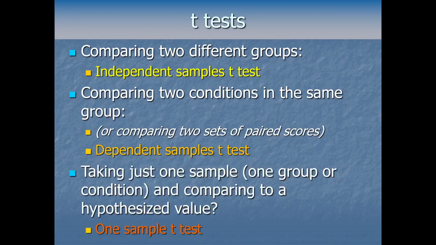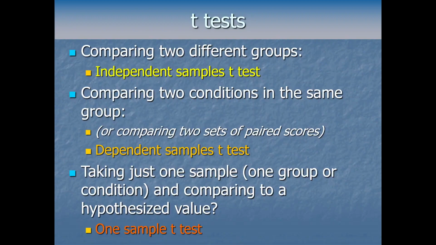Finally, there is one other t-test you could sometimes use, which is when you're taking just one sample, like just one group or condition. You're not comparing different groups, you're just taking one group. So instead of comparing one condition or one group to another, maybe you want to see if your group differs from some hypothesized value. Like, does the group on average differ from 0?